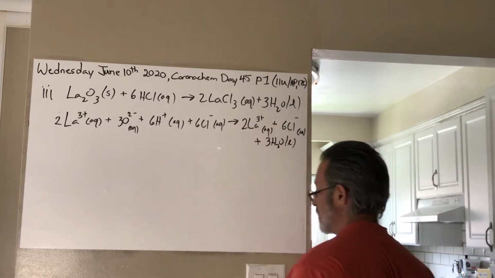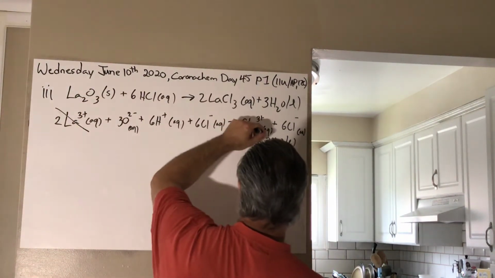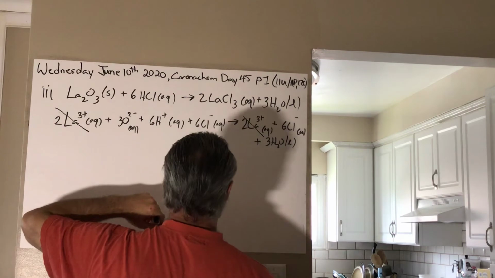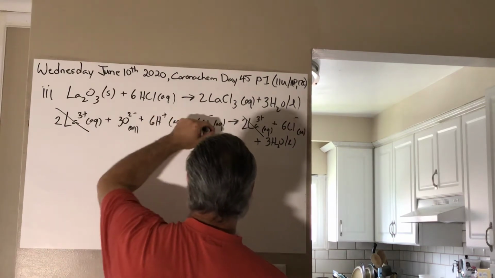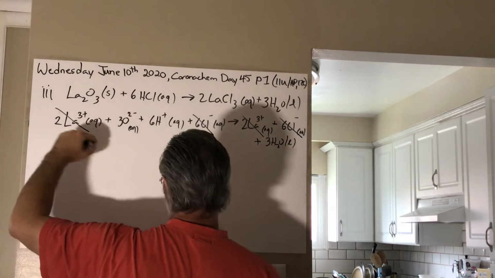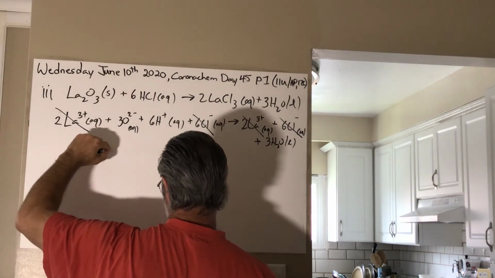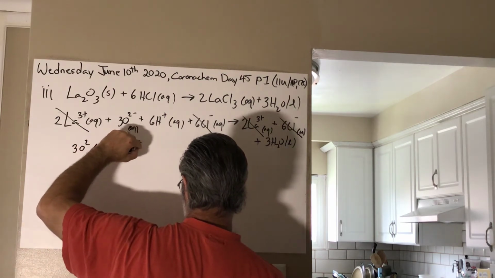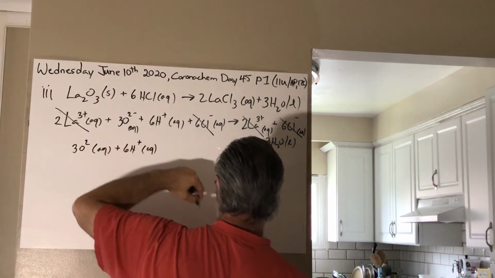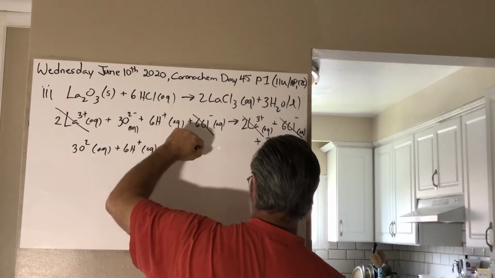So the net ionic equation here, the lanthanum is going to cancel, the chloride is going to cancel, and what you would get is 3 oxides combining with 6 protons to form 3 waters.